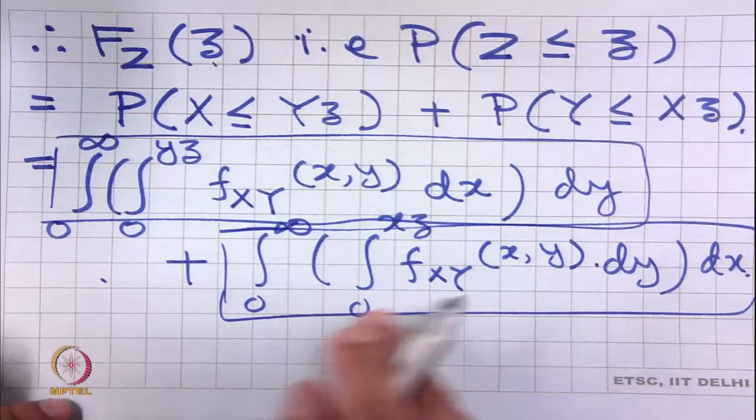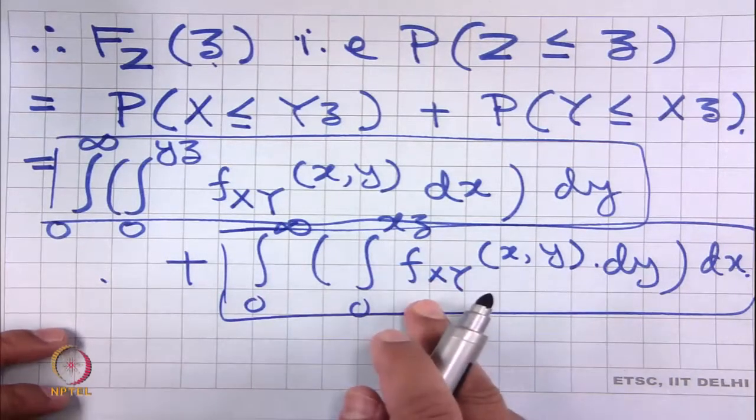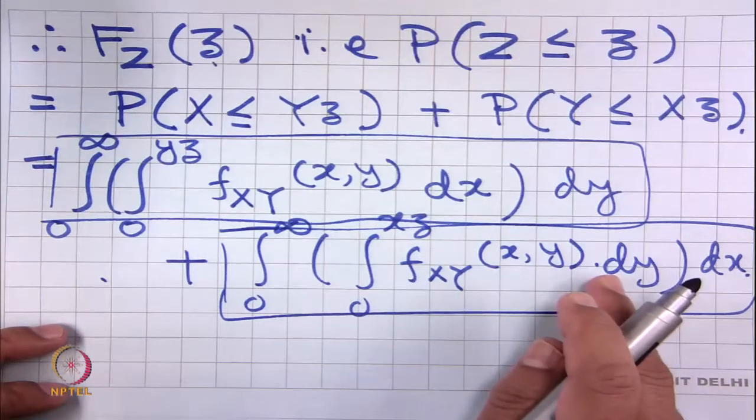So, in the second case, when I am differentiating with respect to z, it is going to be f(x, y) at x comma xz and multiplied by x.